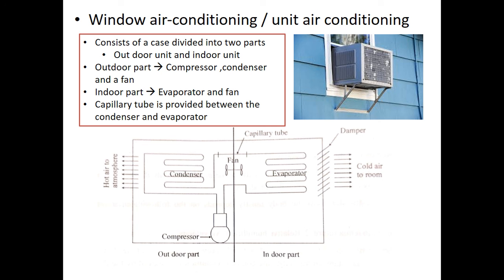The high pressure liquid refrigerant enters the capillary tube where the pressure is reduced. Now the low pressure liquid enters the evaporator, and the liquid refrigerant evaporates by absorbing the latent heat of vaporization from the surrounding air.